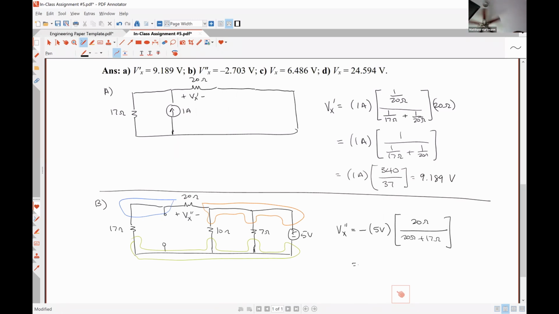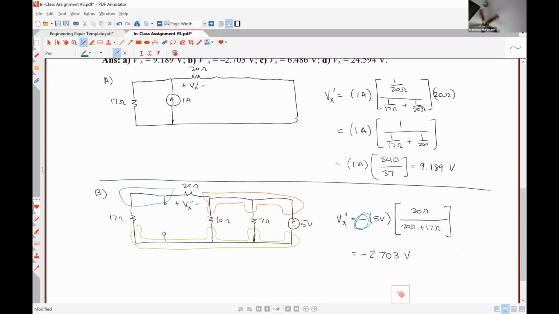So that's going to be negative 5 times 20 over 37, which is negative 2.703 volts. So one thing that I want to make super clear here is where this negative sign came from, okay?